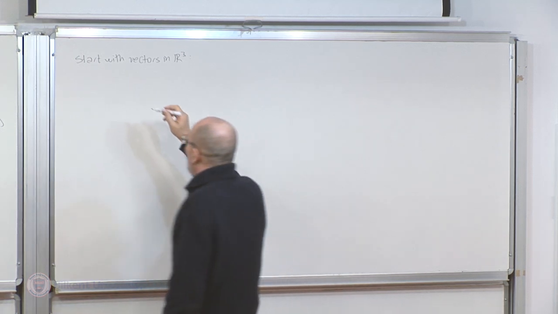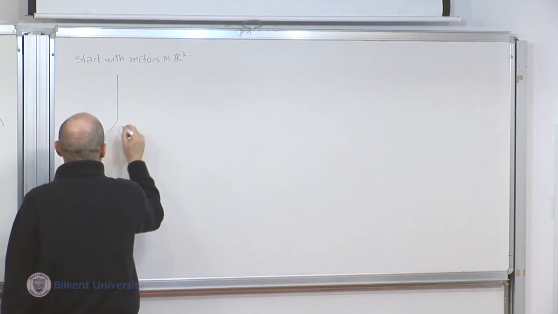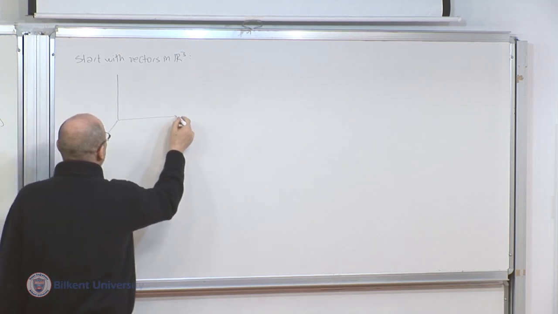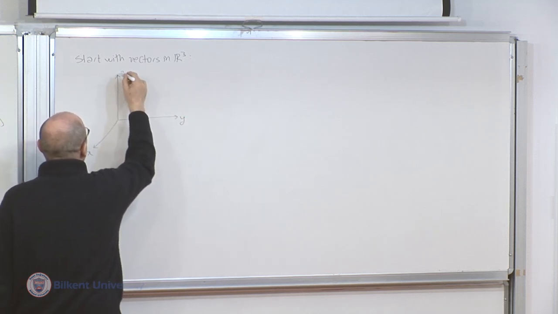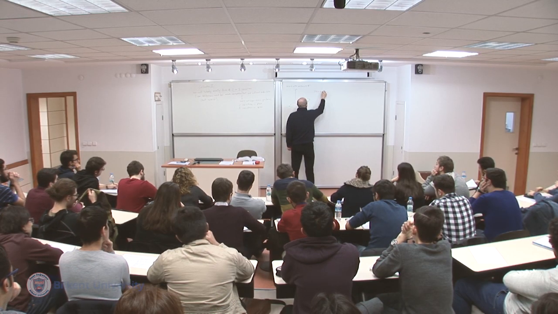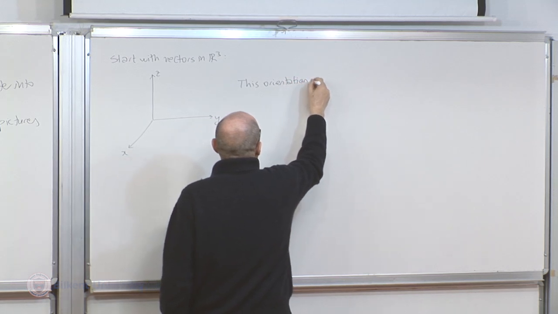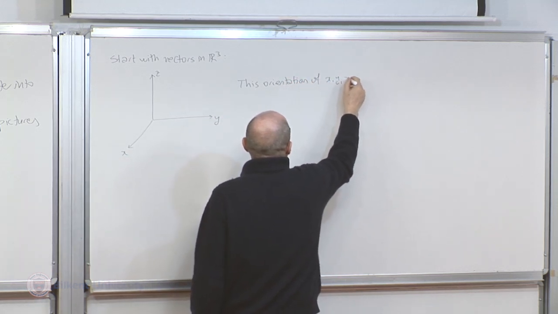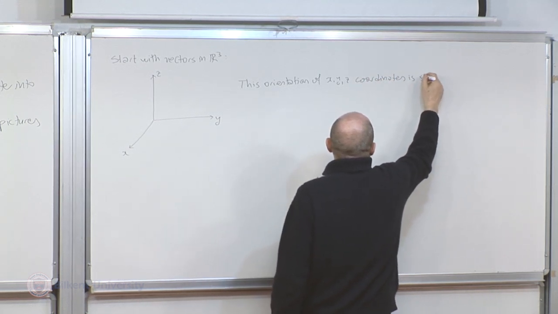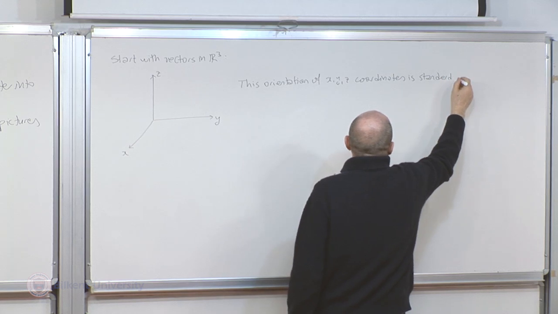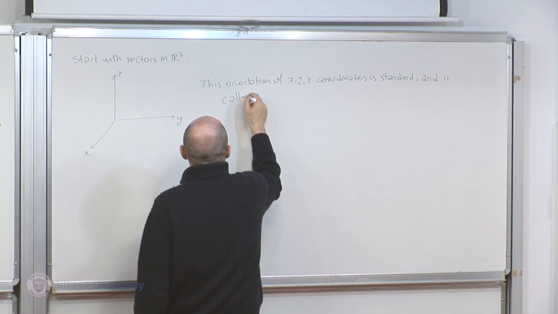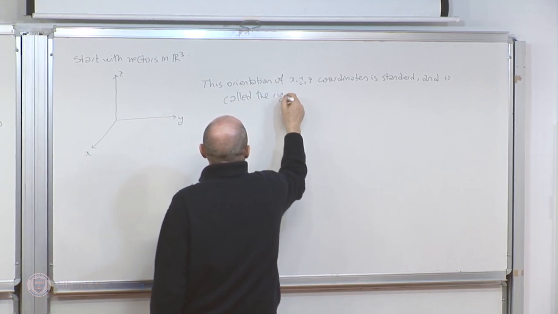In R3 we have coordinates. This is how we draw the coordinates most of the time: X, Y, Z. This orientation of X, Y, Z coordinates is standard and is called the right-hand system.